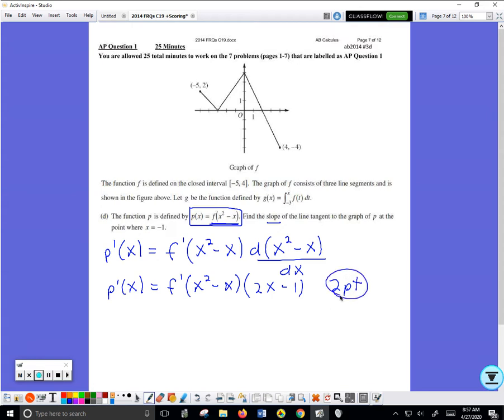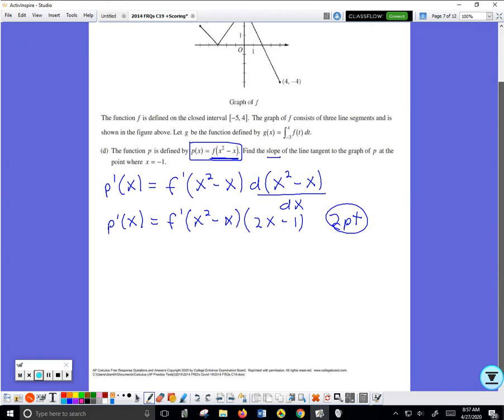Okay, now I keep going because I'm supposed to find P prime of -1. So P prime of -1 is going to equal f prime. I always replace x with parentheses.